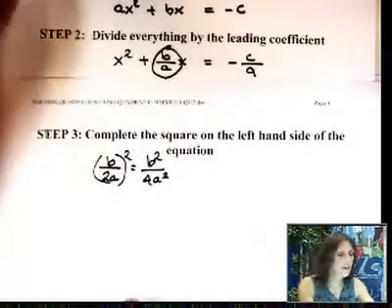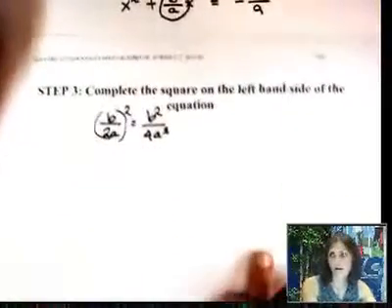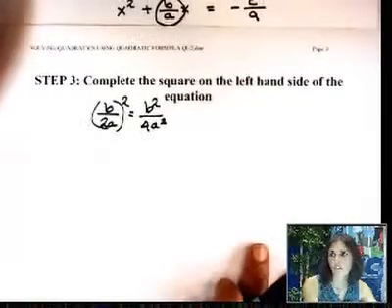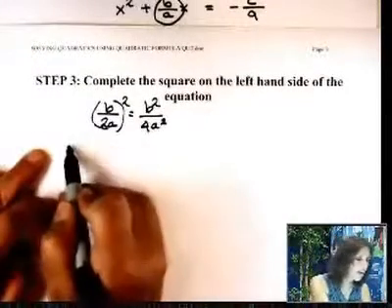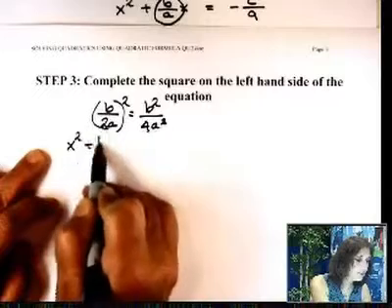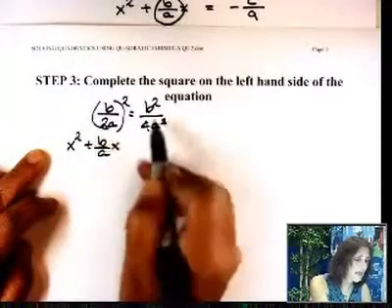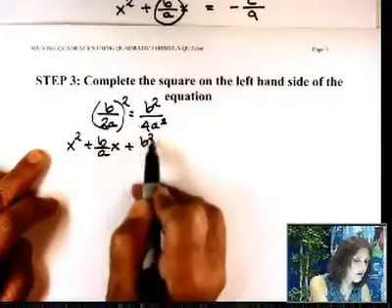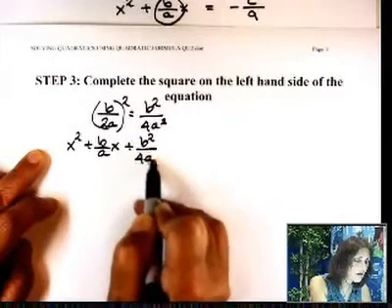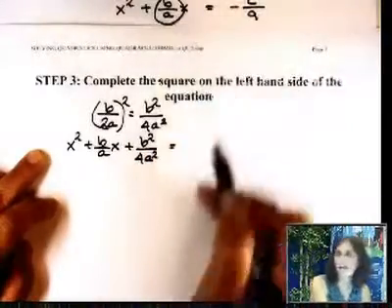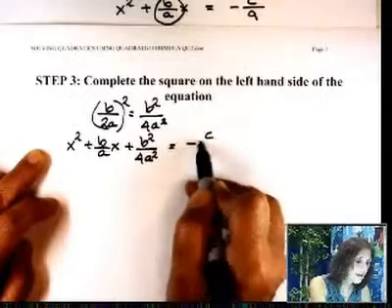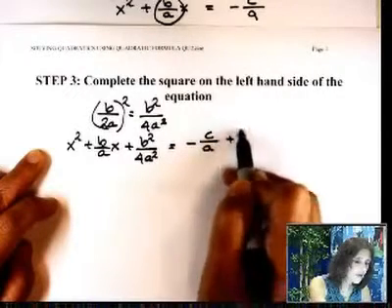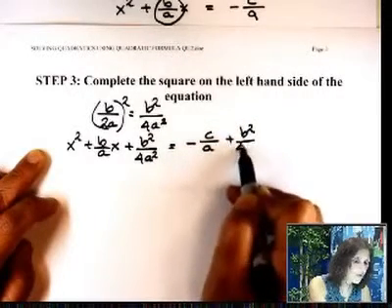Add that to both sides. You used to have x squared plus b over a x, add b squared over 4a squared, and you had negative c over a, add b squared over 4a squared.